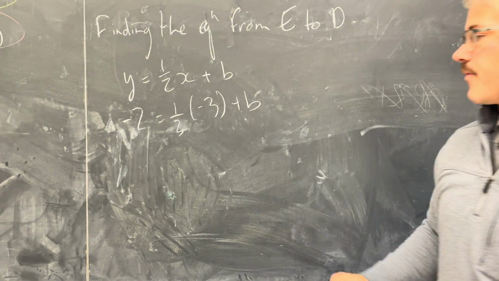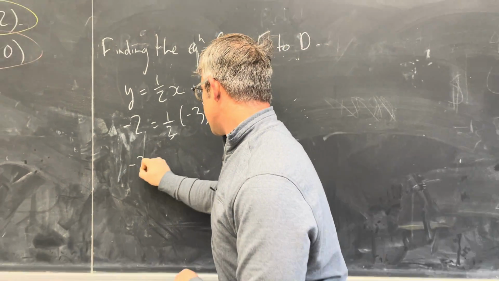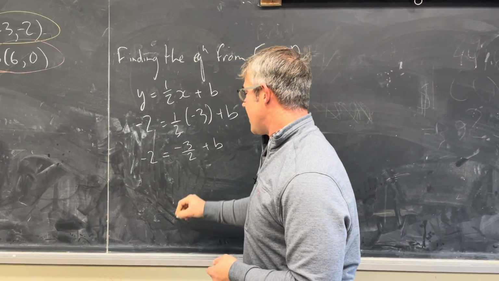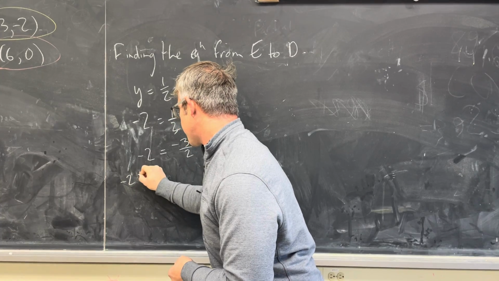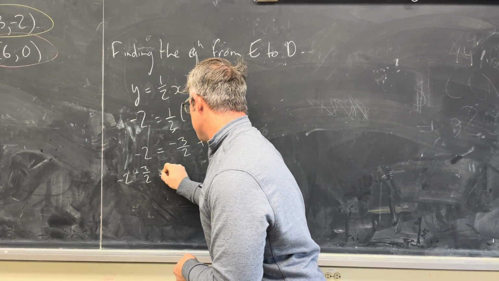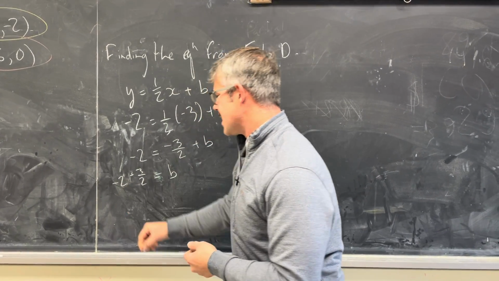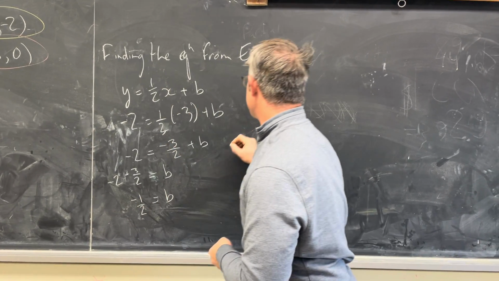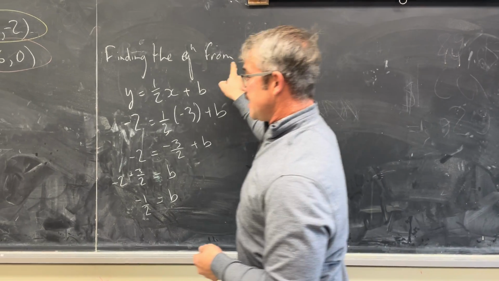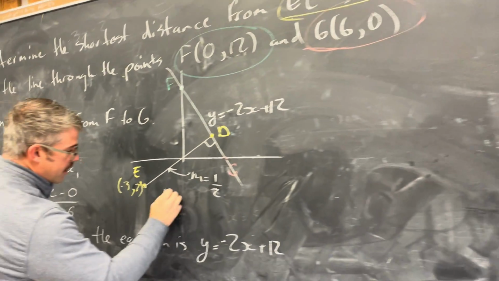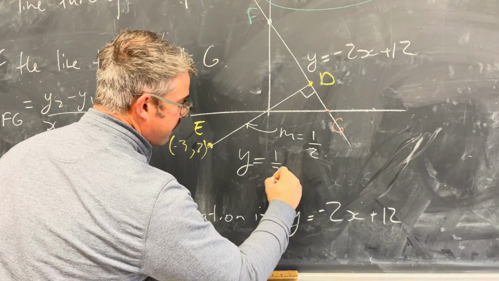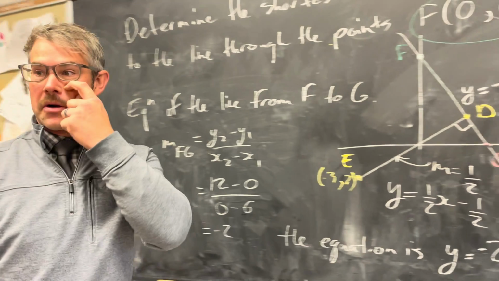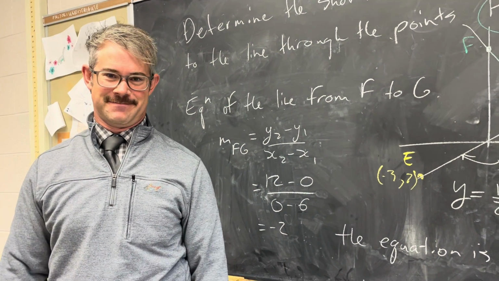Unfortunately, it is a little ugly with fractions. So negative 2 equals negative 3 over 2 plus b, and I have to add 3 over 2. So negative 2 plus 3 over 2 is going to be equal to my value for b. Now this is negative 4 over 2, so I'm going to end up with negative 1 over 2 as being my y-intercept. So the equation from E to D, I'll plot it over here, is y equals 1/2 x minus 1/2.